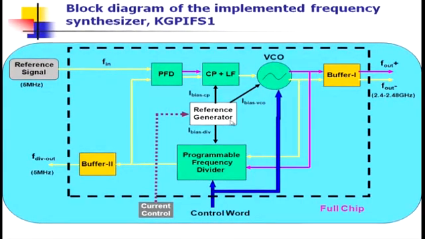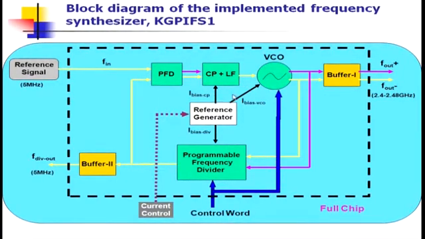Now you are finding two different things. One is the charge pump loop filter, and the other one is the programmable divider. There, in the reference generator, that means the bias generator, we are introducing some sort of external control. So, there is an external pin where you can inject some current, so that the bias voltage generator can be fine tuned, so that any kind of current mismatch in the charge pump can be adjusted.